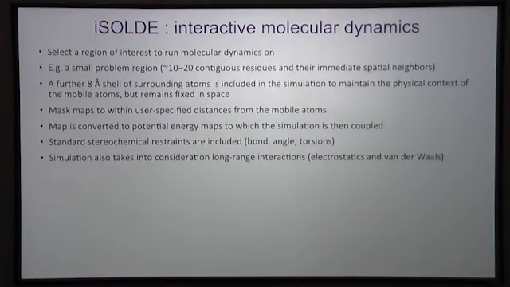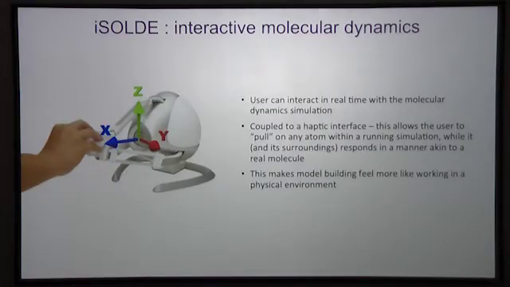So you can select a loop, and it takes into consideration not only that loop, but the surrounding environment, and then does a molecular dynamics simulation on these, and you can then interact with this simulation. One way that you can do that is through this haptic interface. And the idea is that you can pull on a particular atom, and it will be harder to pull an atom into a region where it doesn't want to go. I think the idea behind this is to make model building feel more like manual labor, real work.